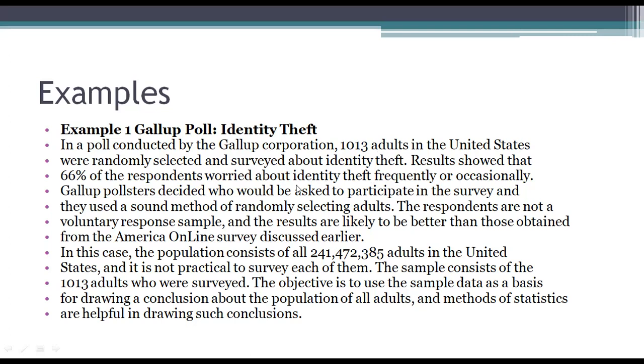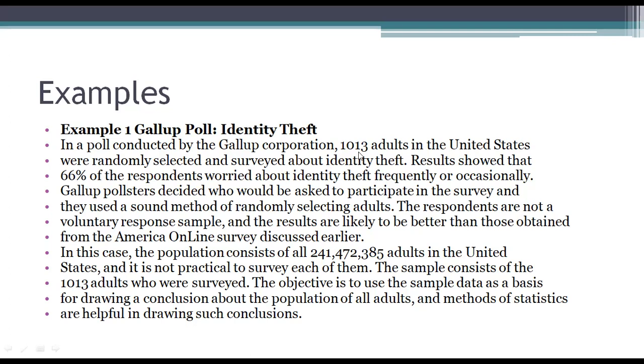On these observations they concluded that 66% of the respondents worried about identity theft frequently or occasionally. So 66% is our conclusion, and this conclusion is the last step of our analysis.